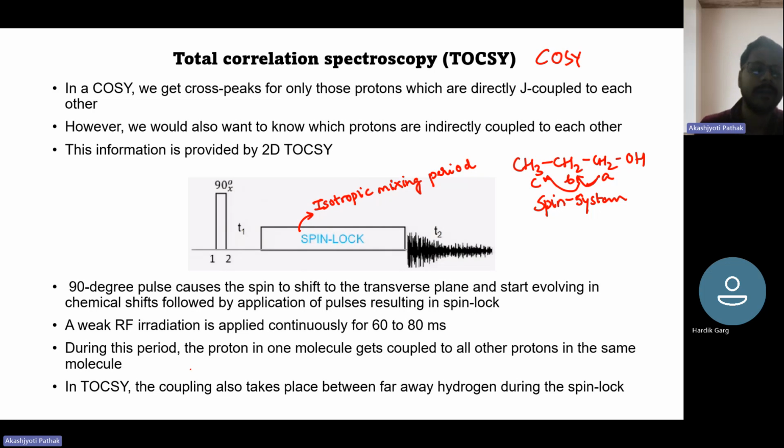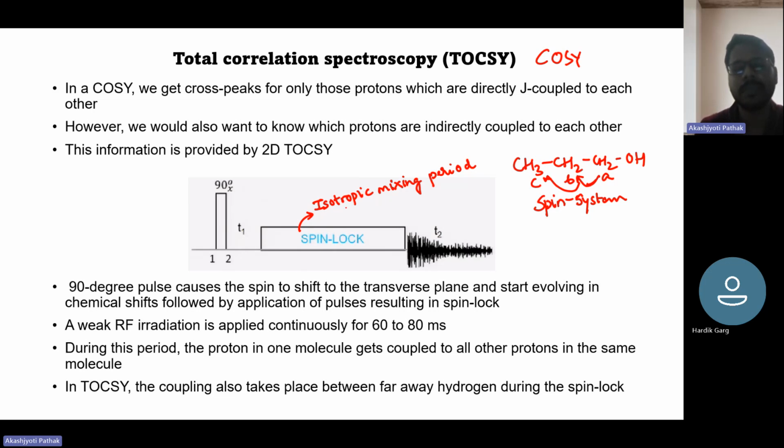In TOCSY, the coupling also takes place between faraway hydrogens during the spin lock. That is the advantage of TOCSY. We can also get the information about which protons are coupled to the proton that we are considering, indirectly.